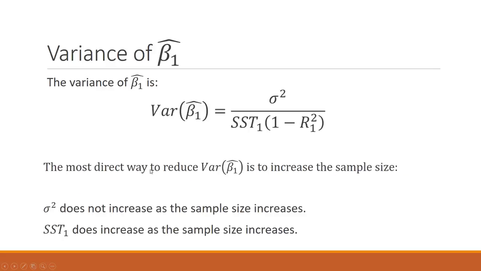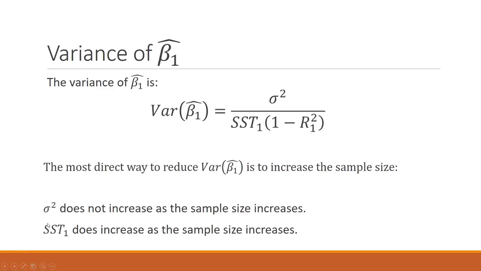Now there's one direct way to reduce the variance of beta 1 hat. The easiest way, although we rarely are able to do it, is to increase the sample size. Collect more data. Collect a larger sample from your population. Because as the sample size increases, the variance of the error term does not change. So sigma squared does not increase as the sample size increases.